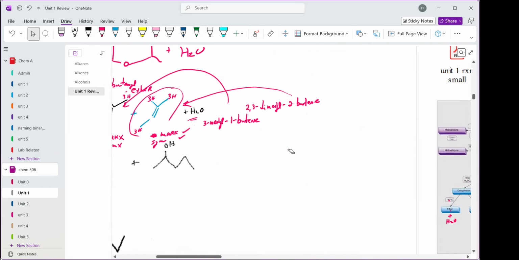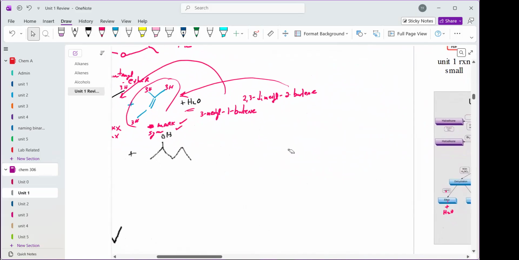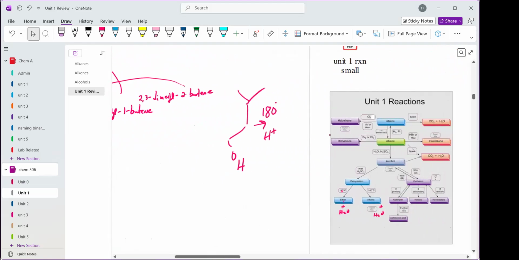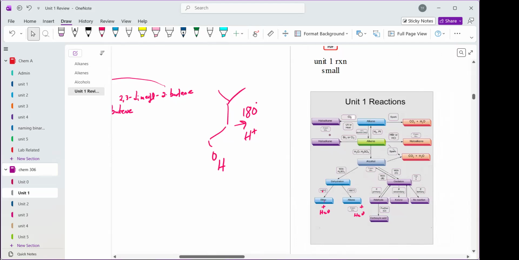So for example, if we had that, now the alcohol is on the end. So there's only one adjacent carbon that's got a hydrogen on it, which is right here. That means we're only going to have one version rather than two.